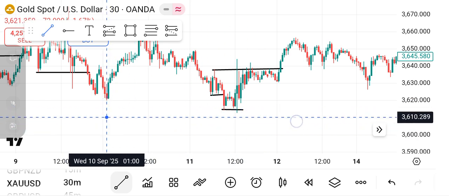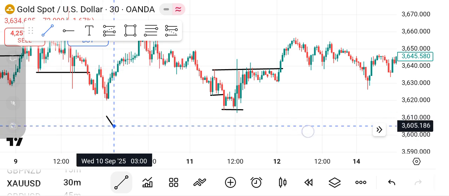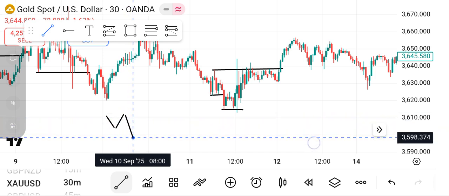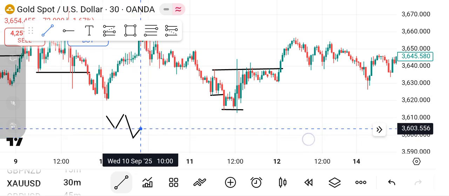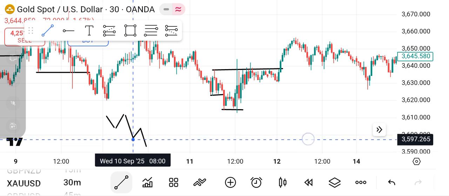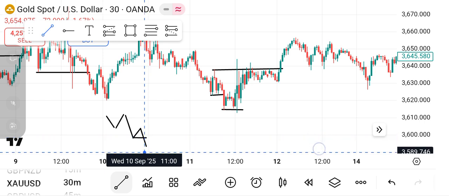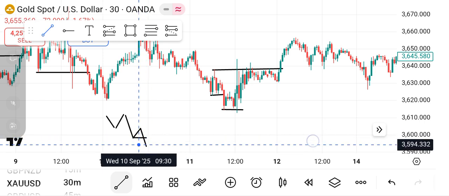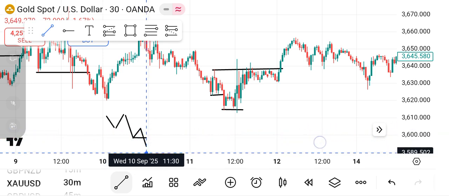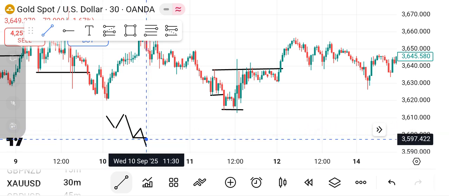We have something like this. Let's say that price is trending downward. Good. Now, we have a sweep right here. Let's assume that this candle right here is a wick. A sweep right here, or it can be a break of structure, or it can also be a wick.